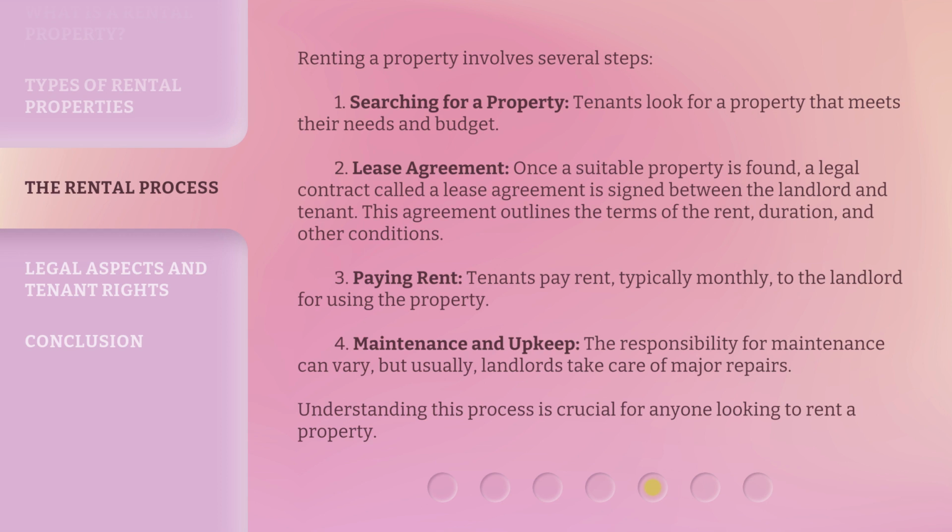Paying rent. Tenants pay rent, typically monthly, to the landlord for using the property. 4. Maintenance and upkeep. The responsibility for maintenance can vary, but usually, landlords take care of major repairs. Understanding this process is crucial for anyone looking to rent a property.